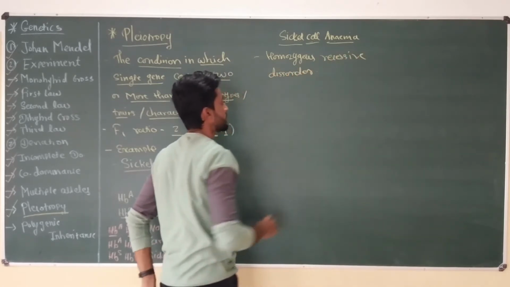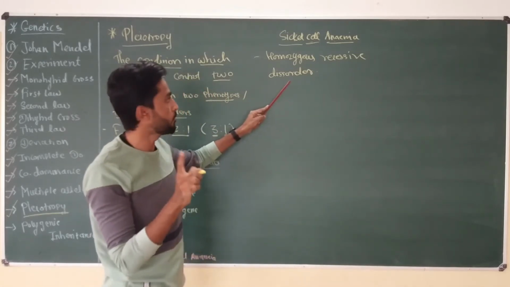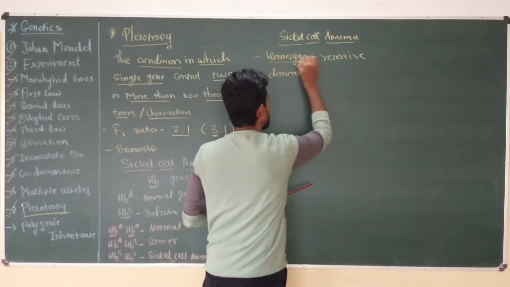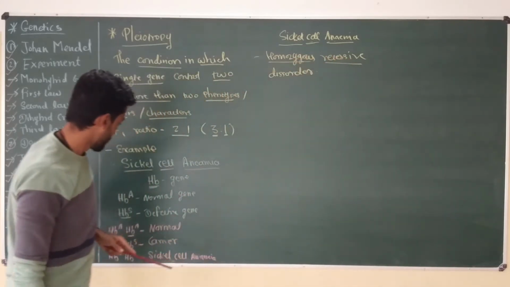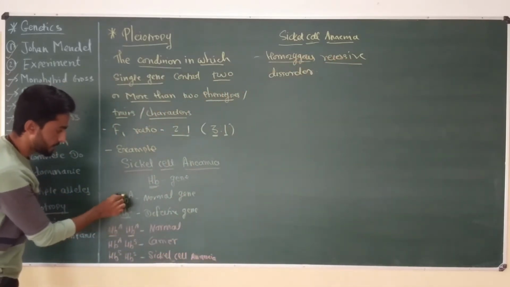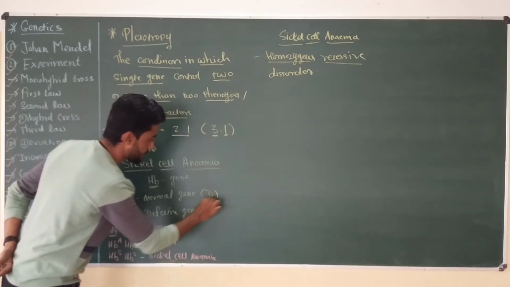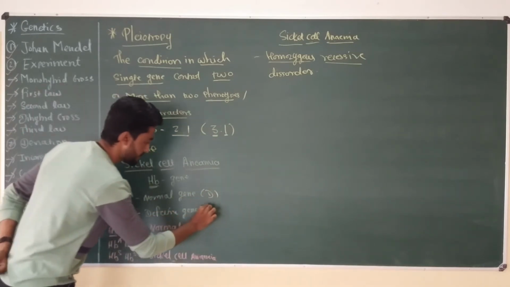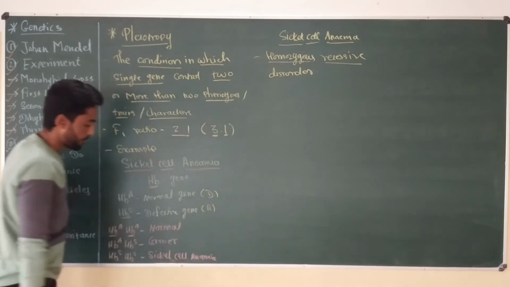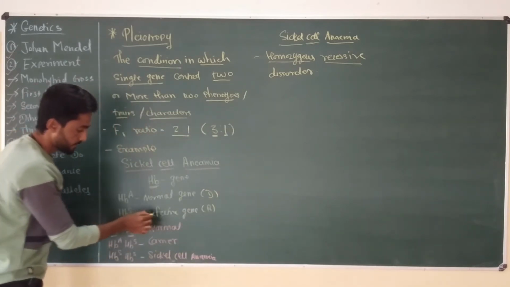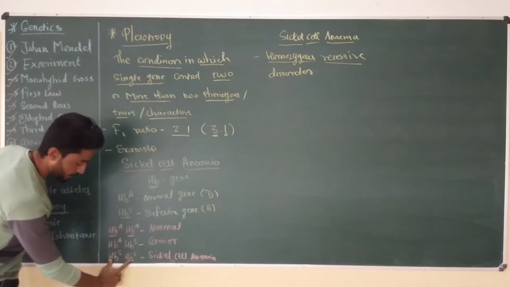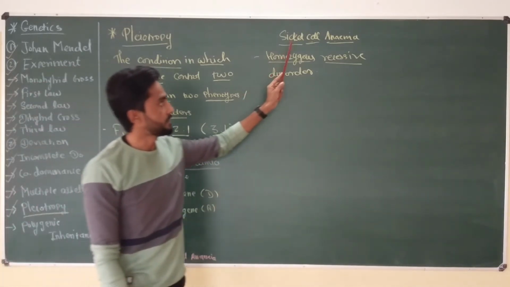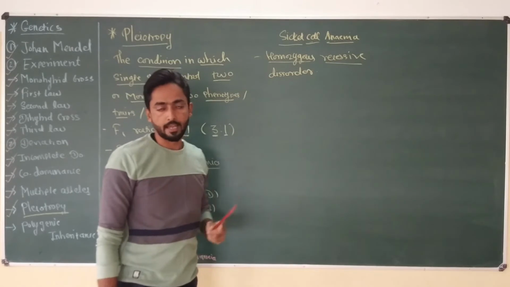Okay, that means this type of disorder is only developed when the recessive gene is present in homozygous form. Out of HBA and HBS, HBA is a dominant gene while HBS is a recessive type of gene. And when the person has both genes of HBS type, that means in homozygous condition, that leads to development of sickle cell anemia.